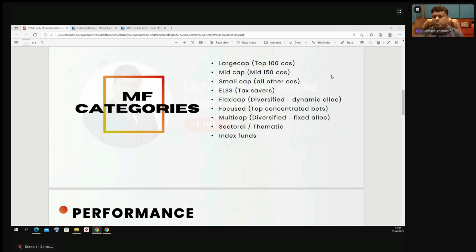In that, they are not differentiating according to the weightage of the index. Rather, they are saying that we will put equal money in all the 50 stocks. Let's say if I have 5,000 rupees, I'm going to put 100 rupees in each stock. That is an equal weightage index.